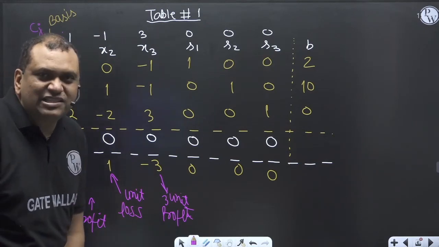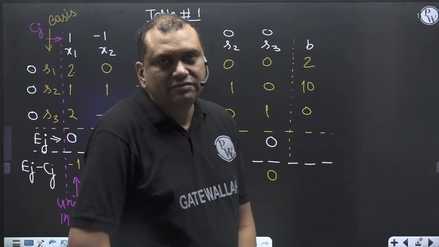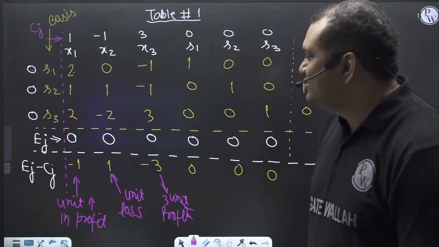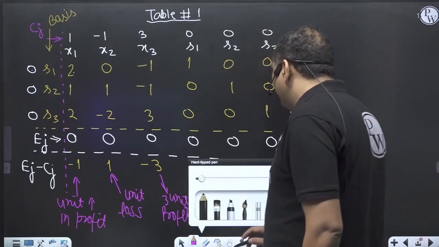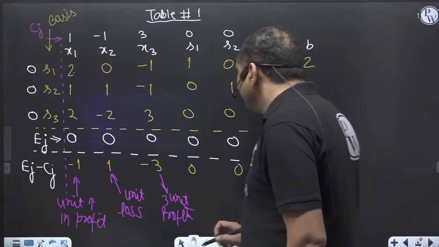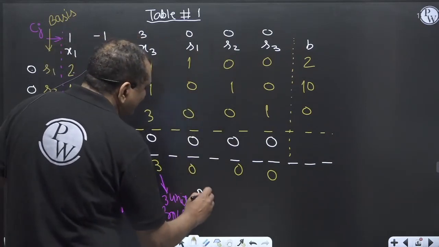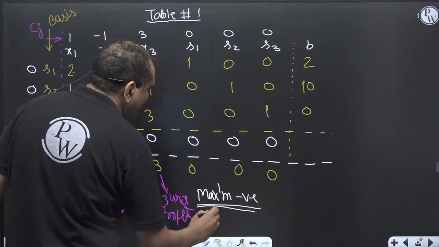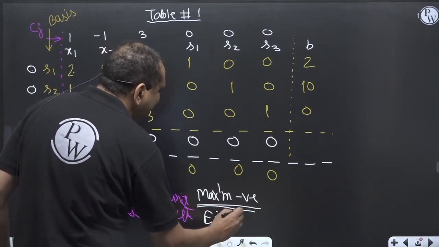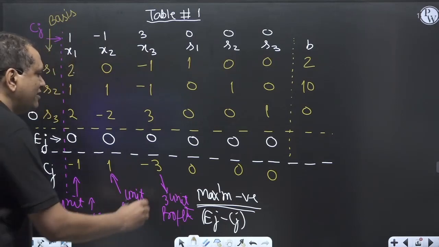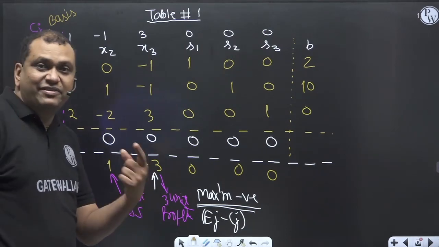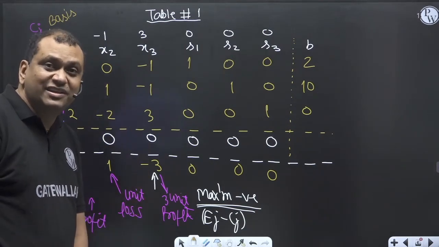So I would like to maximize my profit in the simplex. You know what I will choose? I will choose the maximum negative from Ej minus Cj. Now, do you understand why I am choosing the maximum negative from Ej minus Cj?